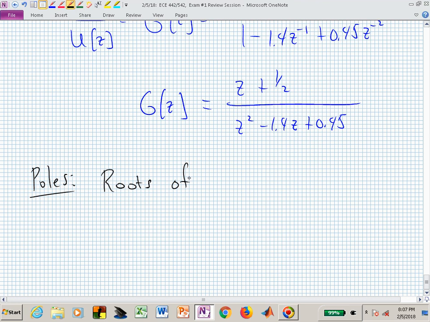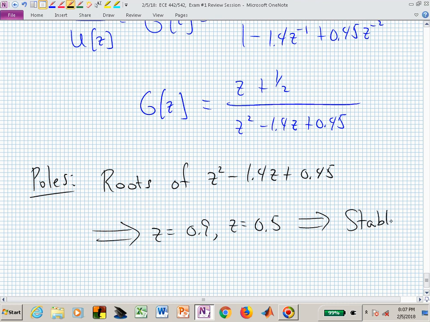We need the roots of z squared minus 1.4z plus 0.45. And we should be getting the same answer.